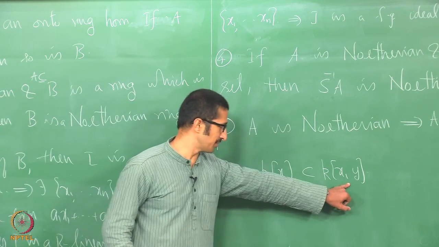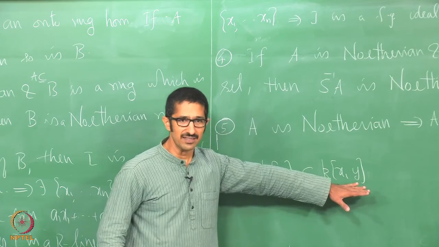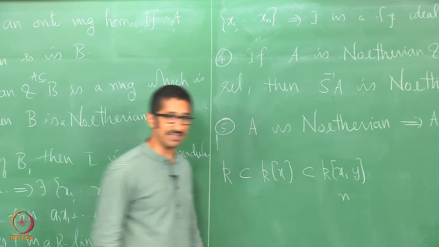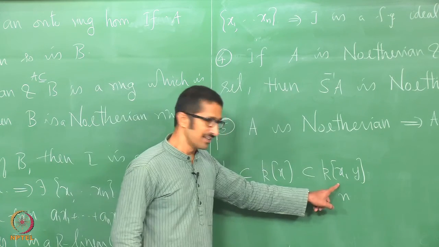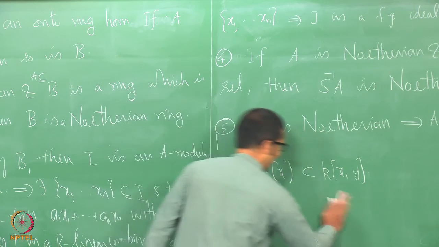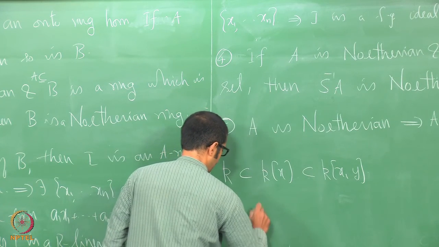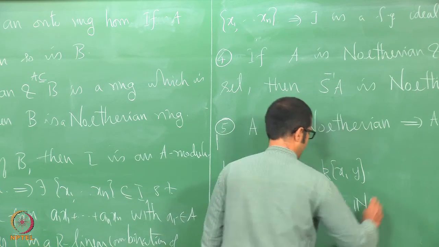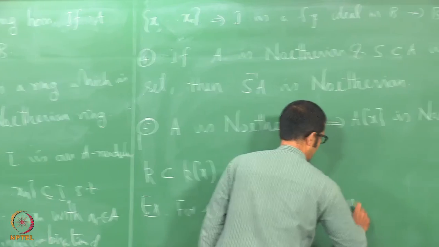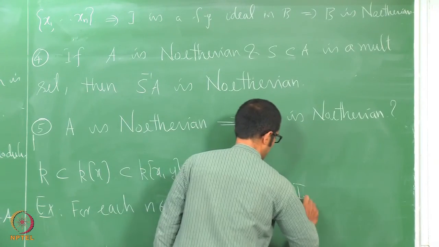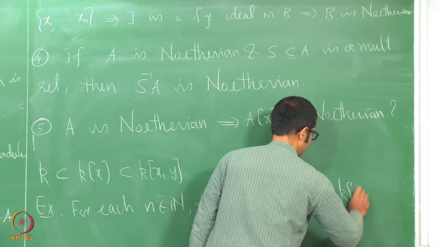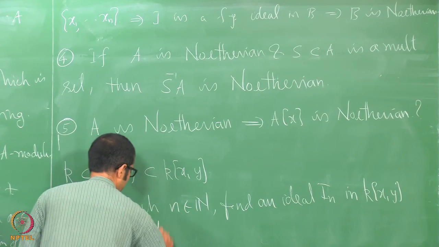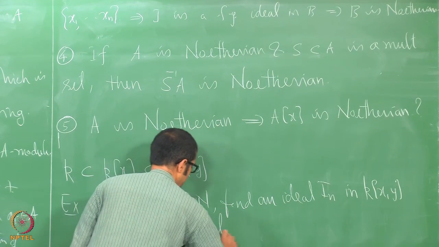Here we do not know anything about this, right. Here is my exercise: for each n in N, find an ideal I_n in K[x,y] generated by n elements.